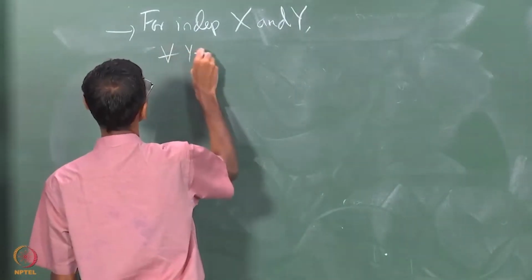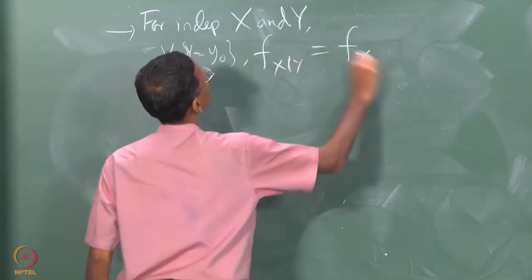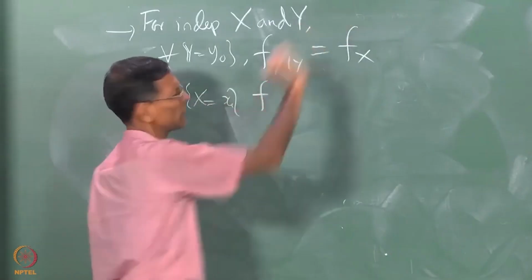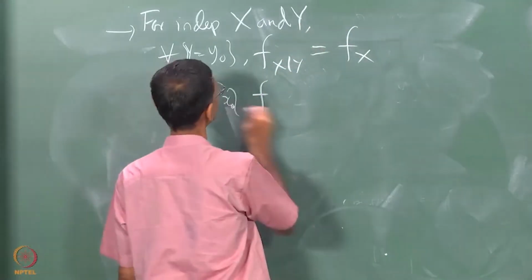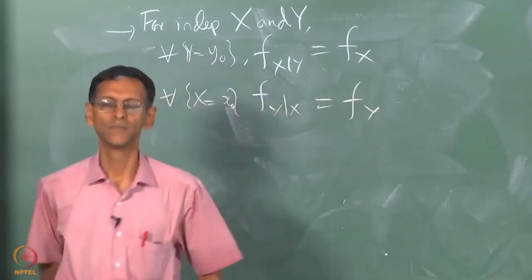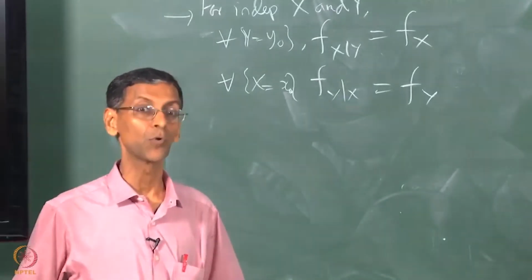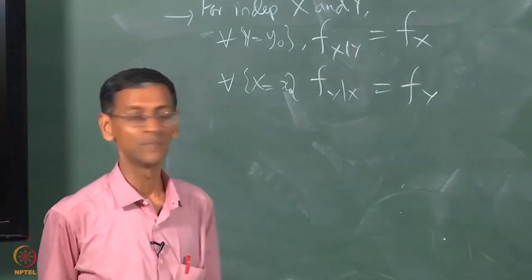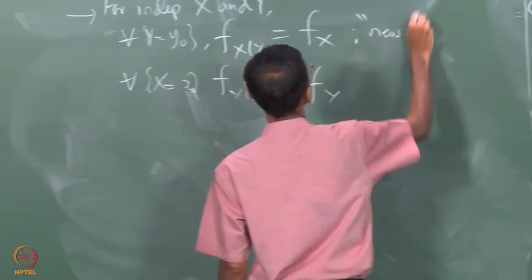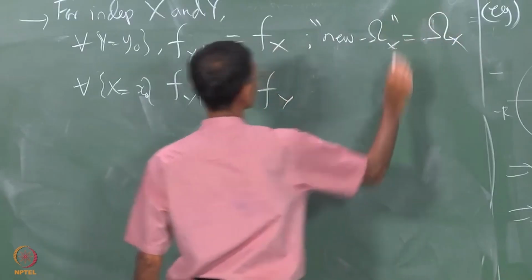So, for all y equal to y naught, f of x given y is just fx, and for all x equal to x naught, f of y given x will be fy. And there is no question of any new omega x and new omega y, it will be all the same old whatever you started with. Just put omega x here, what you started with.